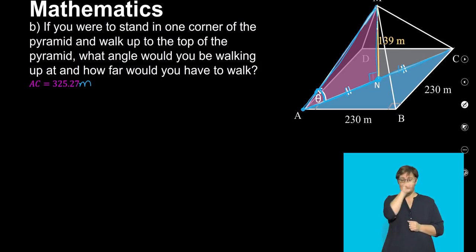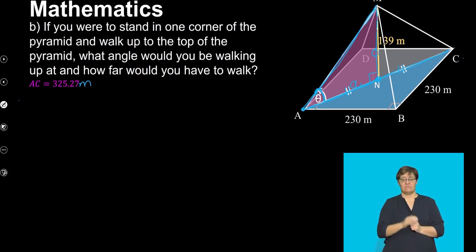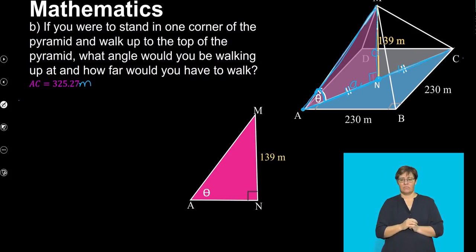And because we have theta, and this is a right angle triangle, we only need 2 bits of information. So we have an opposite side, and if we find this adjacent side, then we can use our tangent function to solve for theta. So let's write that out. Okay, so here's our triangle. And remember, we have this height that's 139 meters.